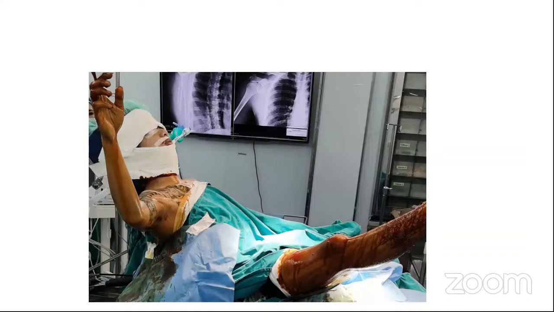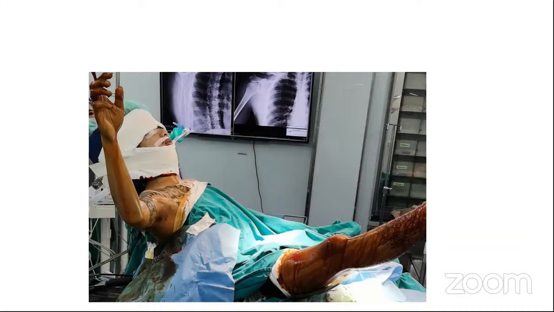Having removed the long head of biceps from the groove, one can place an osteotome facing the lesser tuberosity and take a flake. That is the area where the subscap attaches.